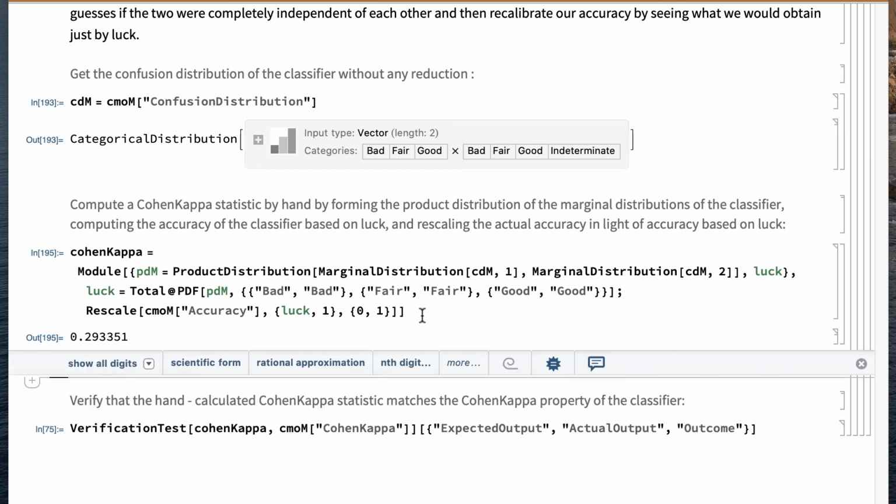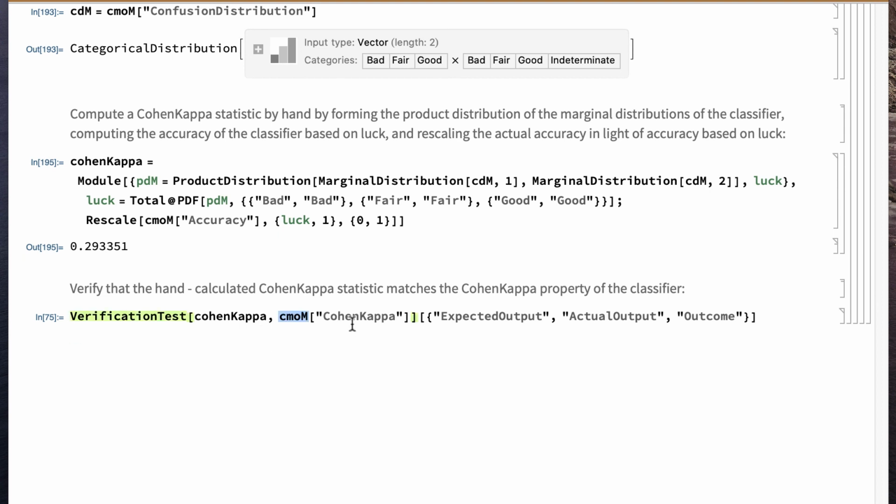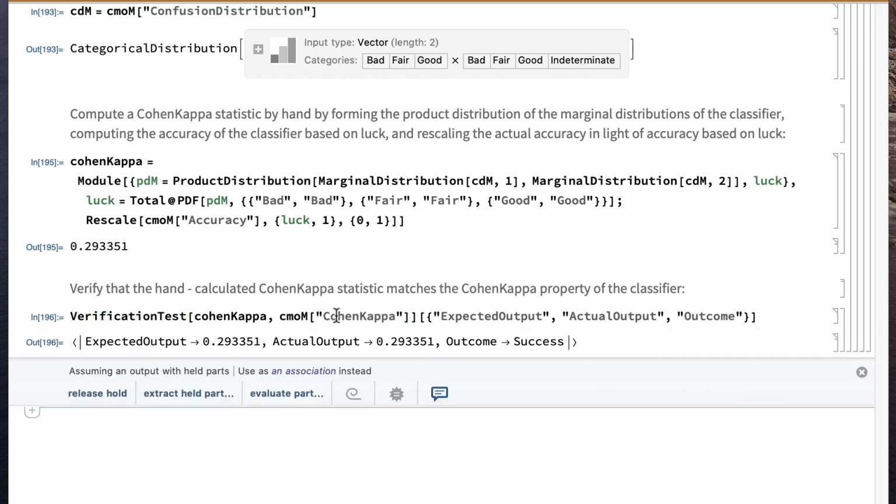Remember, this is not as good a classifier as our Titanic classifier, for the reasons I discussed about wine evaluation. And we can verify that our hand-constructed Cohen's kappa is the same as the Cohen's kappa statistic that the Wolfram kernel computes from the unreduced confusion matrix, and blissfully they are.